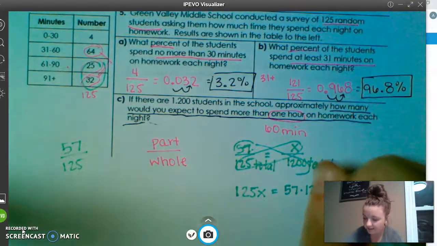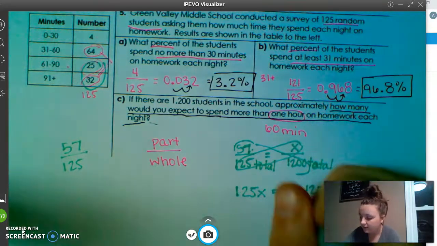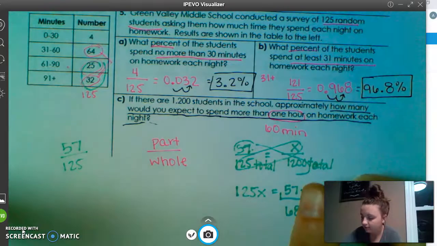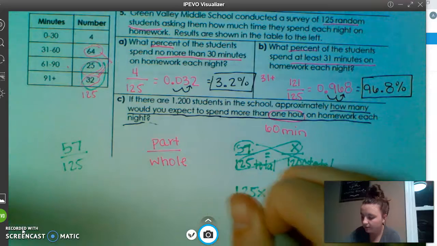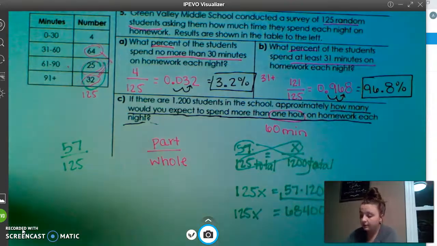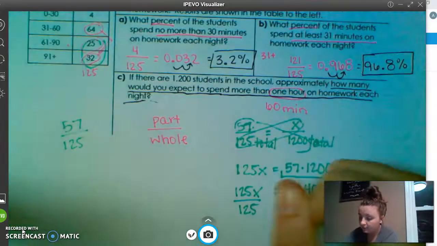Pull out my handy dandy phone calculator. Well, 57 times 1,200 is 68,400. And I didn't do anything with the 125X yet. Now this is just a one-step equation. I've got to get X by itself, so I'm going to divide by 125 on both sides.